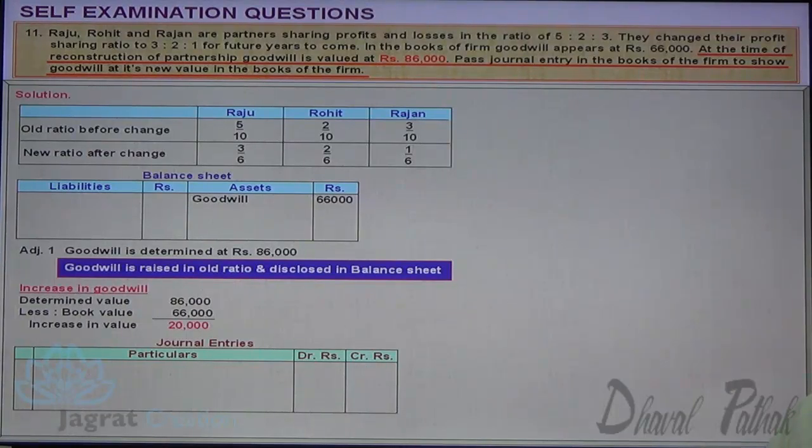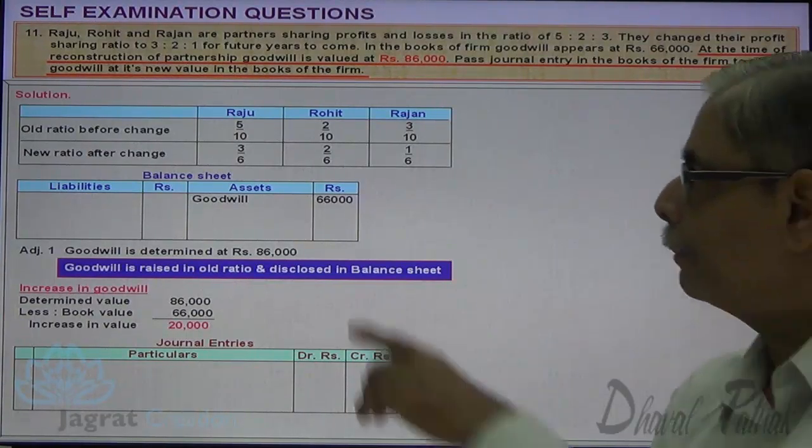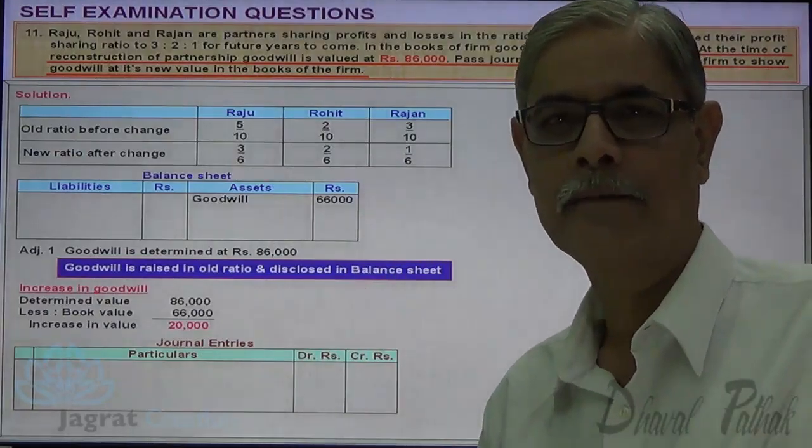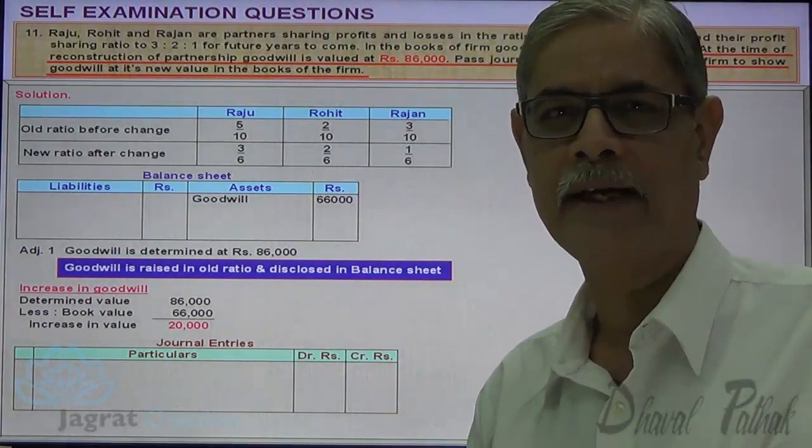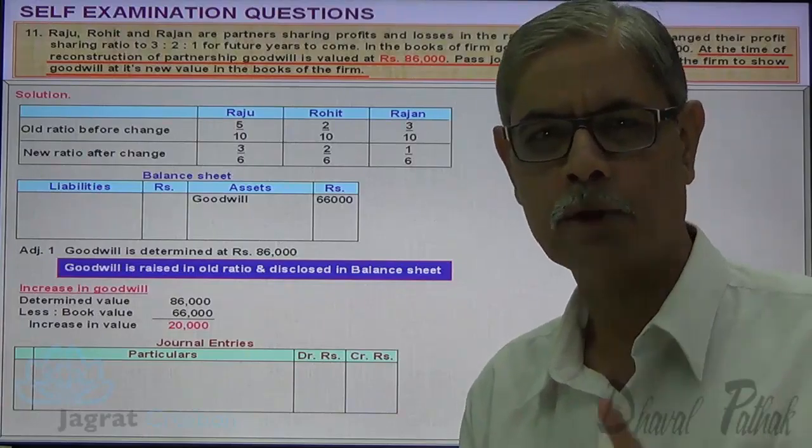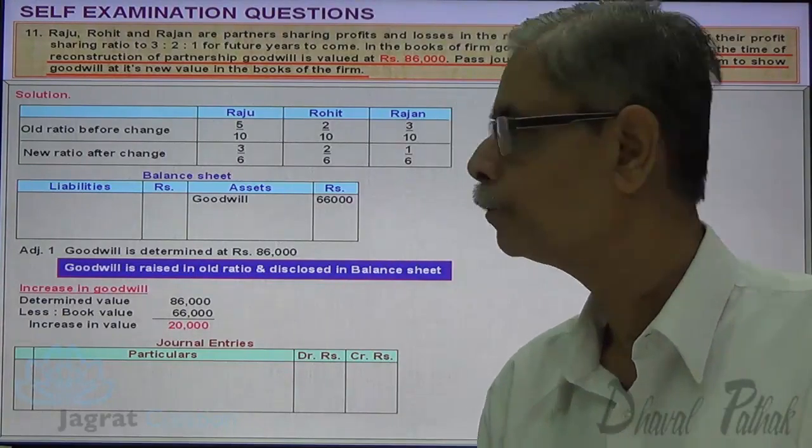When the goodwill is raised, goodwill account is debited and partners capital account gets credited. Increase in value of goodwill is a gain. Gains are credited to the partners capital account, that too in the old profit sharing ratio.